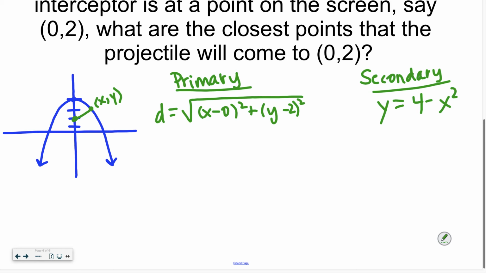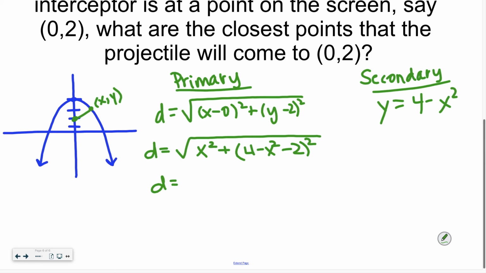You can do some different things with your substitution. We know that x minus 0 squared is x squared, and we know from over here y is 4 minus x squared. So we can take our 4 minus x squared and throw it in for y, and now our equation for the distance only involves x's. Could I write this as 2 minus x squared instead?